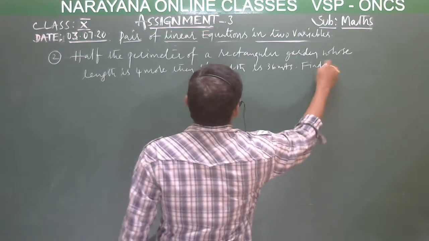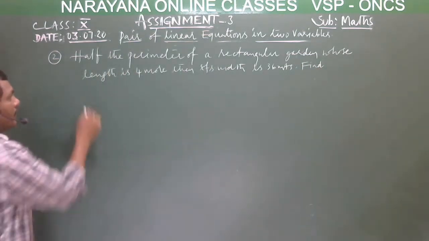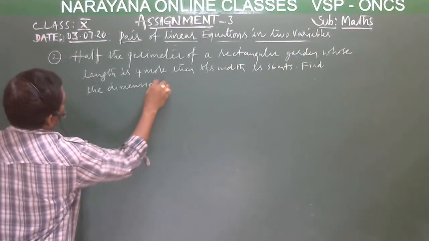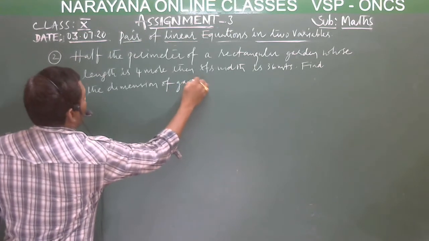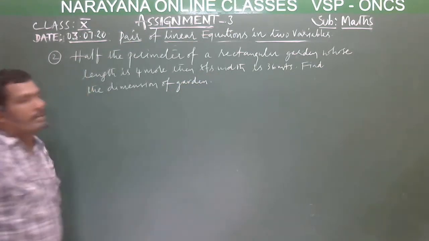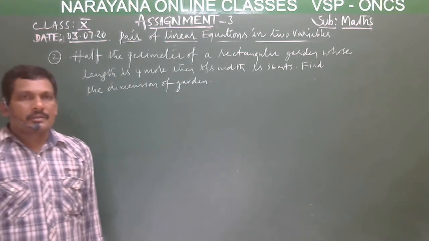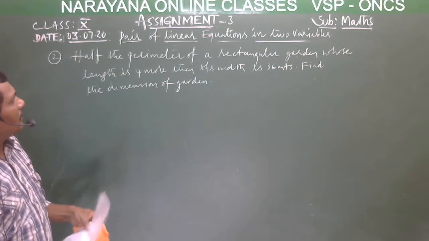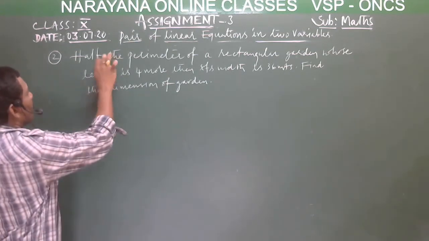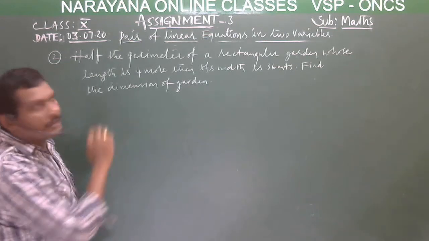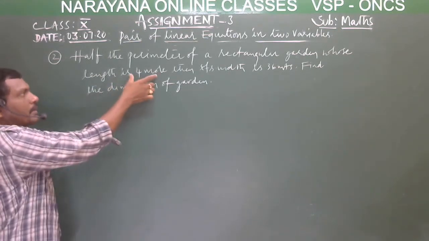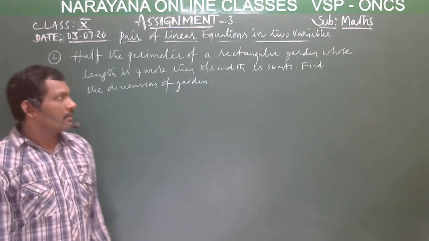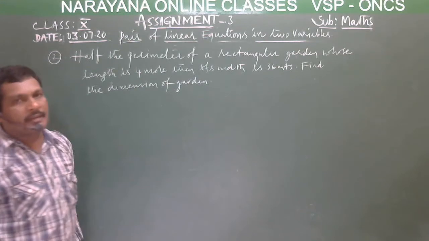Find the dimension of the garden. Once more, read the question. Half of the perimeter of a rectangular garden whose length is 4 meters more than its width is 36 meters. Find the dimension of the garden.